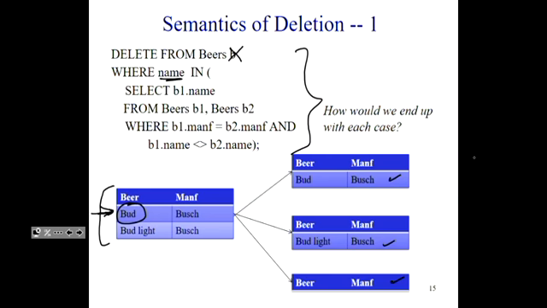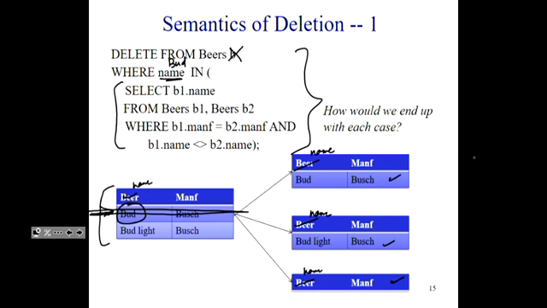Okay, so it should be, these should be name. Sorry about that. Okay, so where Bud is in the result of this subquery, I'm going to look at all of the beers that have multiple beers that are made by the same manufacturer. Bud is going to match that criteria, so I might end up deleting this tuple first. Okay, so let's say I go ahead and delete that tuple first.